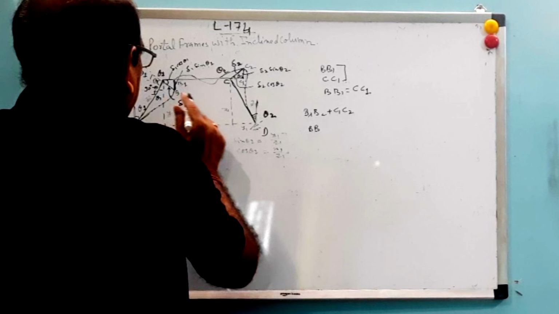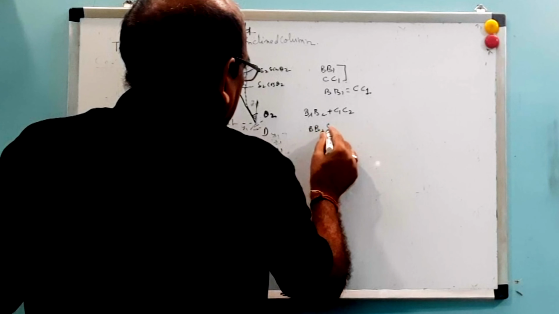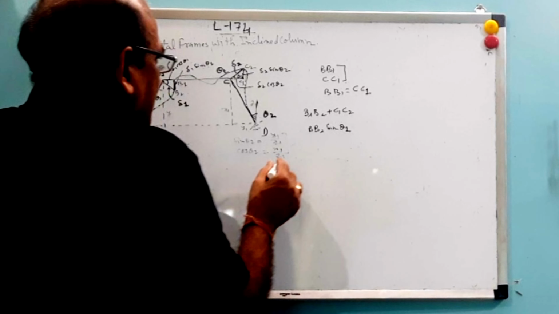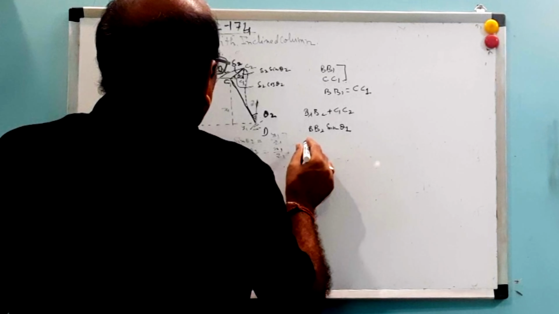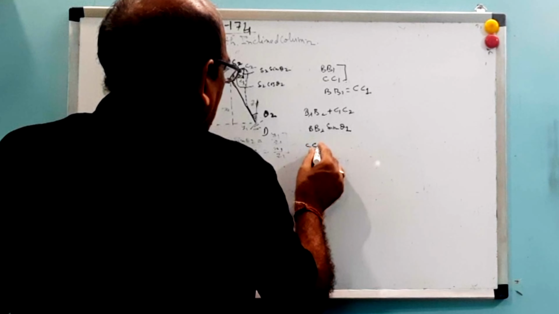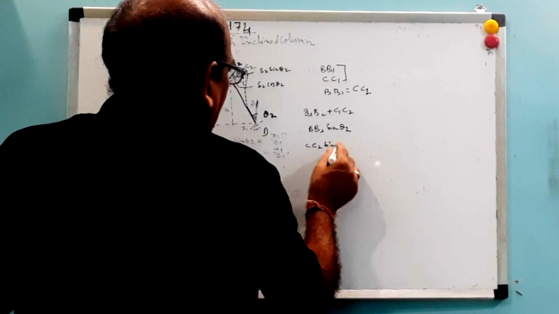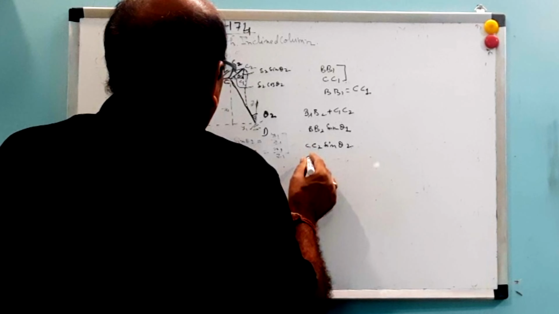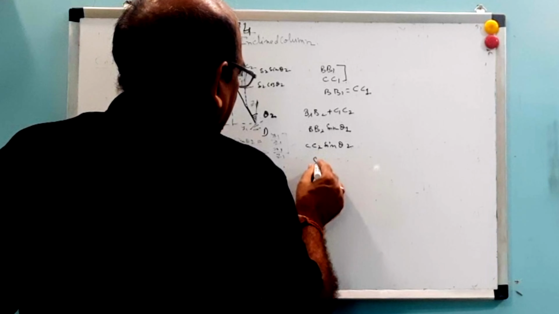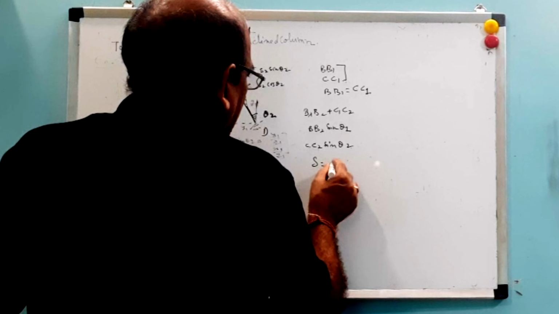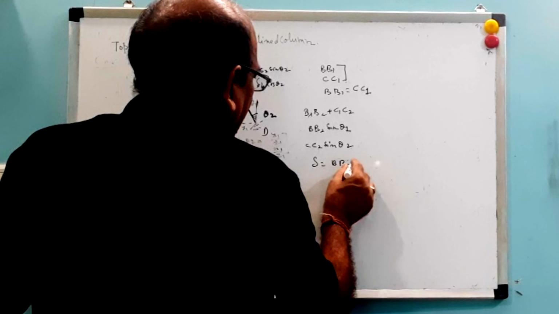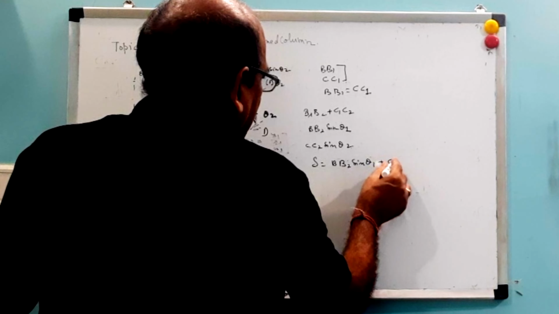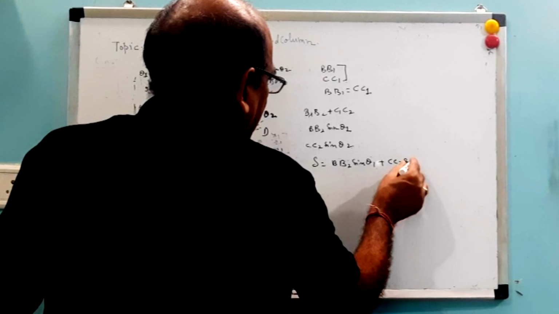If you put this B2, this will be B2 sine theta 1, and C1, C2 will be C2 sine theta 2. So this whole vertical deflection, lambda, equals B2 sine theta 1 plus C2 sine theta 2.